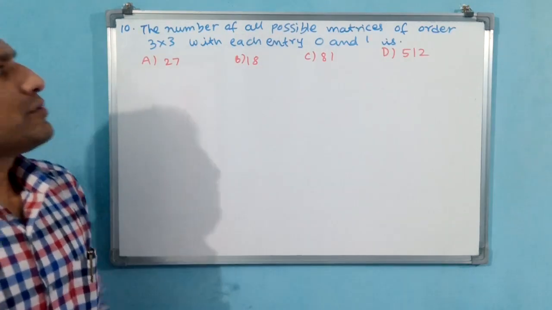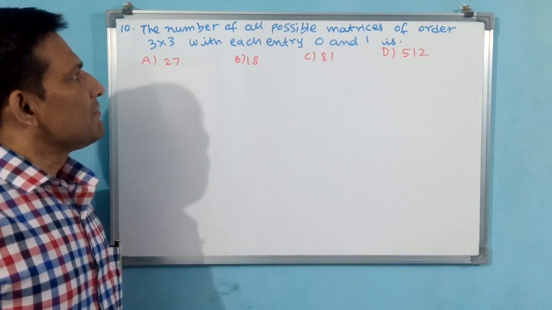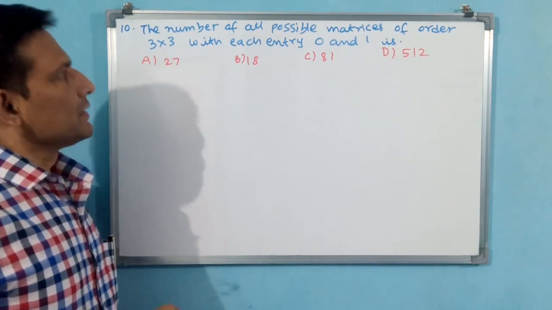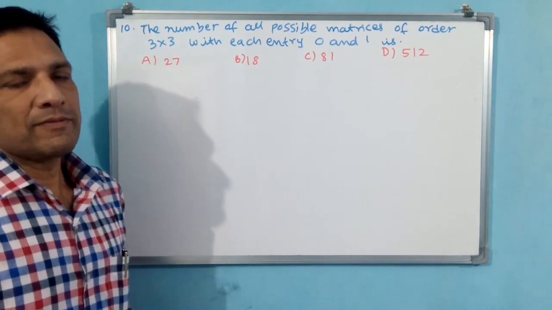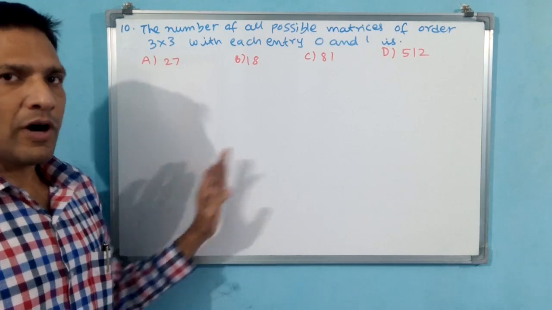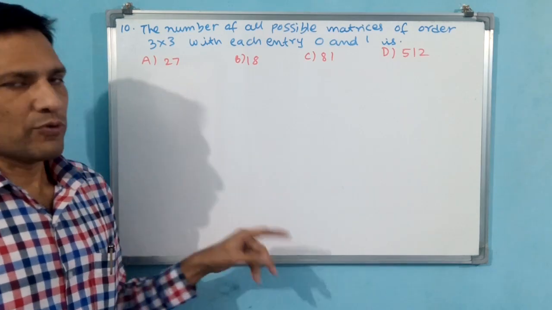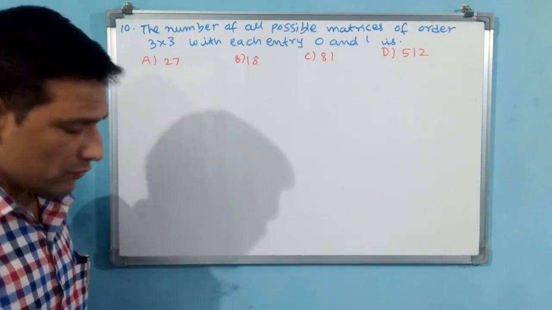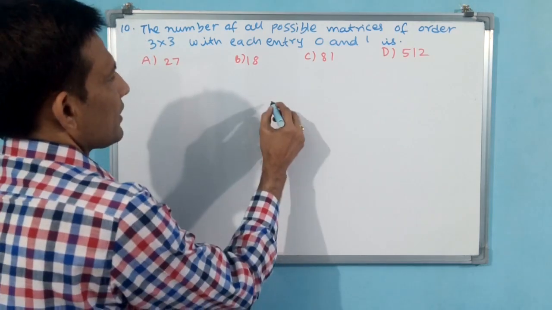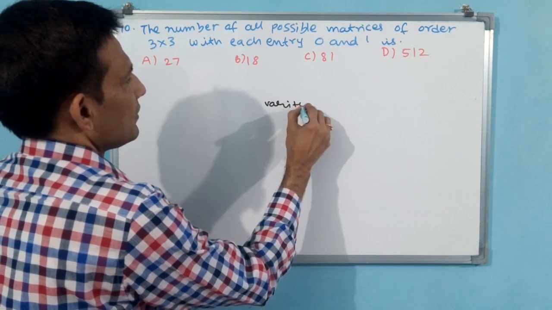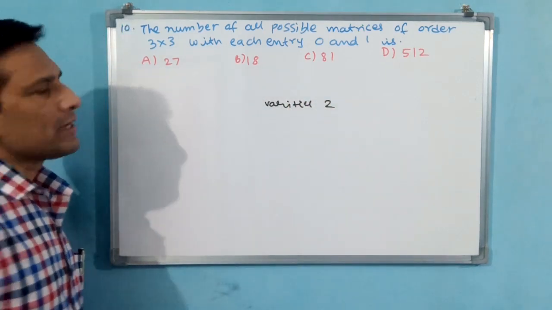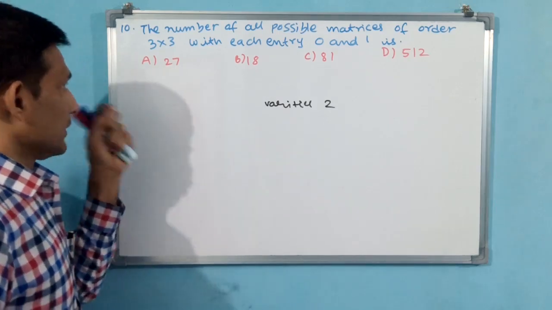The number of all possible matrices of order 3 by 3 with each entry 0 or 1 is? See, how many varieties of elements do you have to write? Two varieties. Why? Because all elements may be 0 or 1. Two varieties are there, so I am writing 2.